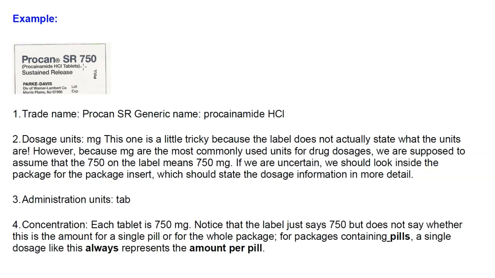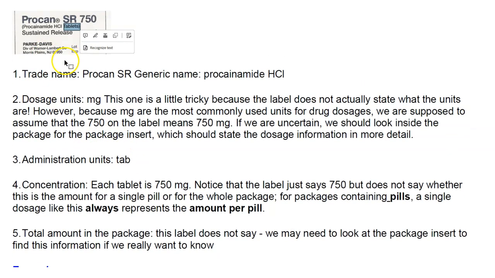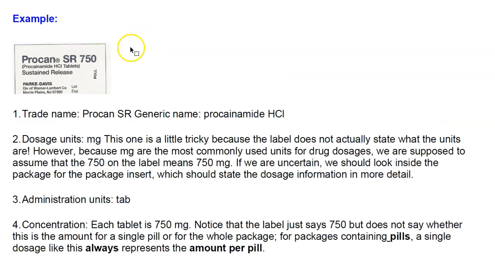They're not very commonly prescribed anymore. But for this specific one, this is actually 750 milligrams per tablet. So this comes in tablets, and it seems to just come in one. Now, sometimes if it's the whole bottle, it will label the whole thing and tell you that there are 100 tablets per bottle.